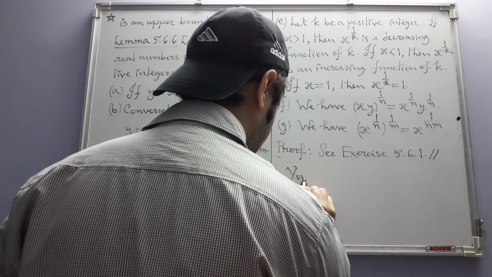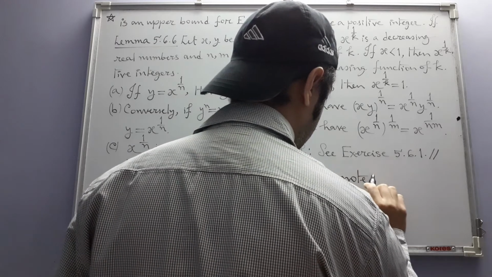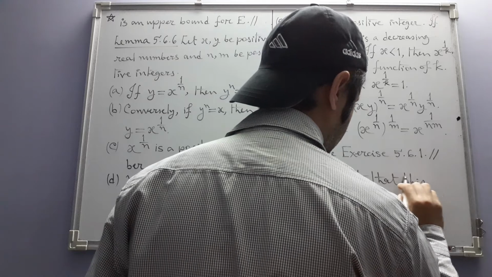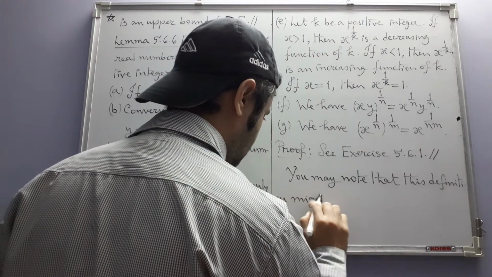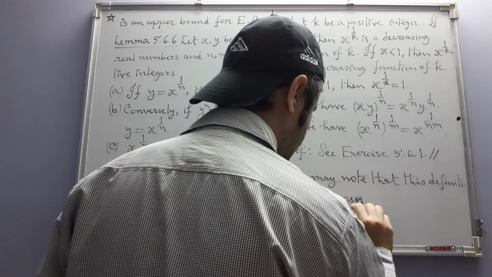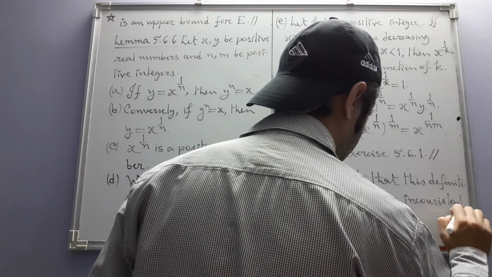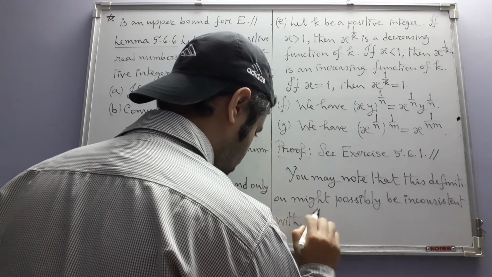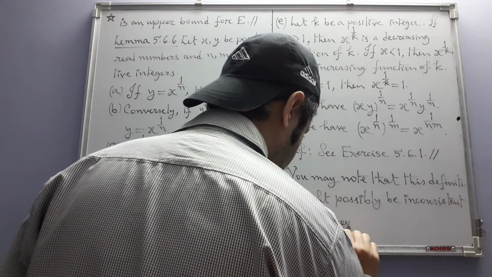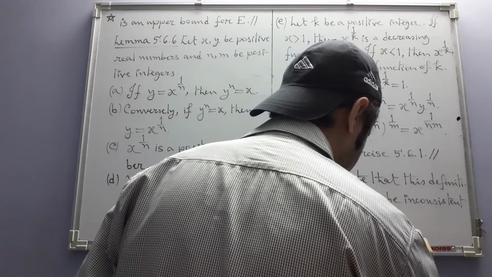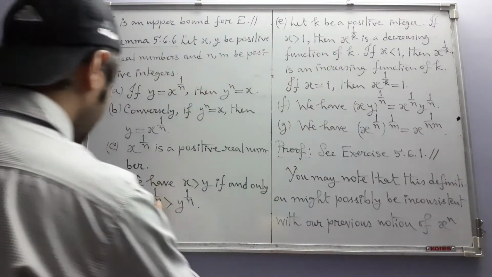Now there are some words after this. You may note that this definition might possibly be inconsistent with our previous notion of x to the power n in this particular case, in the case when n is 1.